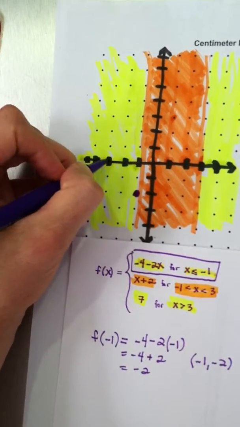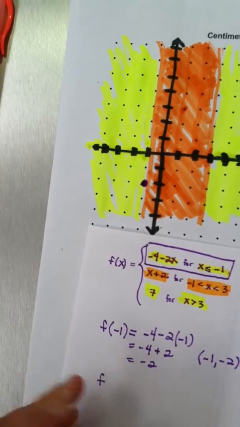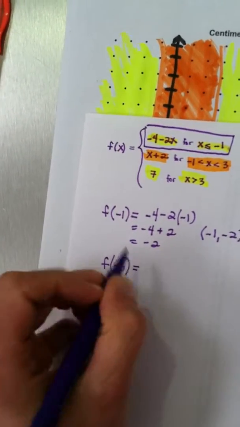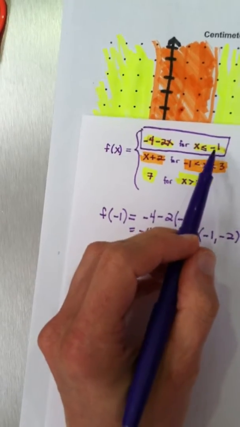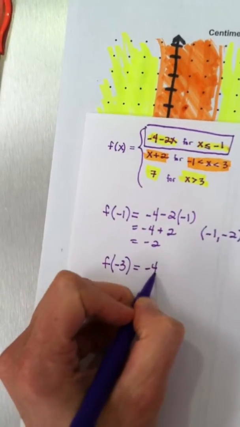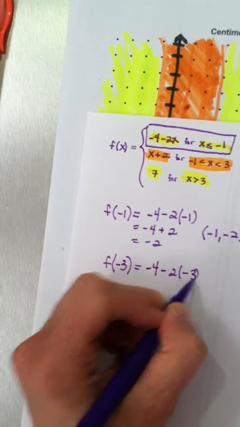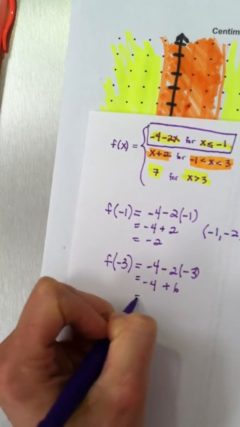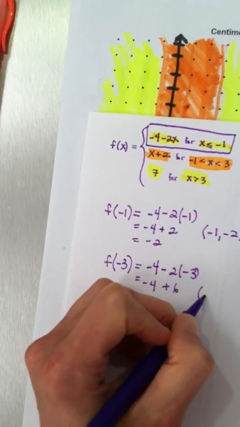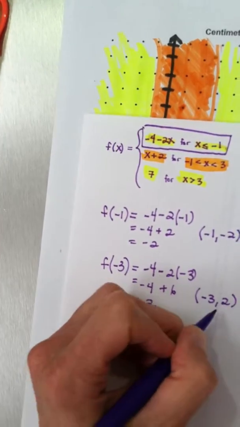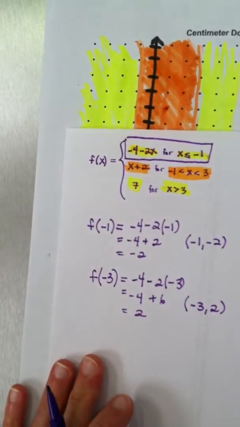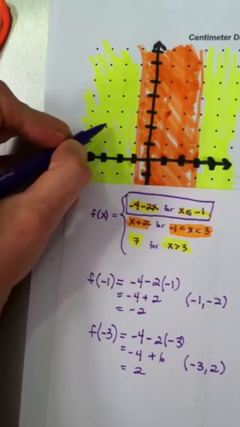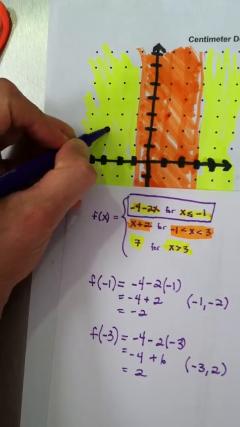Let's put in -3. -3 is less than or equal to -1, so I'm going to follow this rule. That's going to give me -4 plus 6, which gives me +2. So the ordered pair (-3, 2) is going to be a solid point on the graph. So I'm going to come here to -3, +2, solid point.